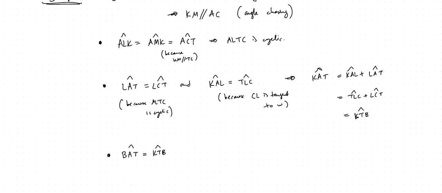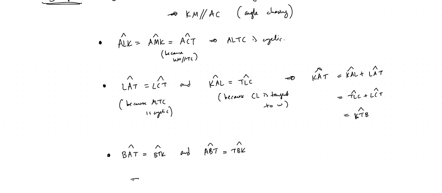BAT equals KTB, and at the same time, of course, ABT equals, let's write this as BTK. ABT equals TBK because they are both angle B.